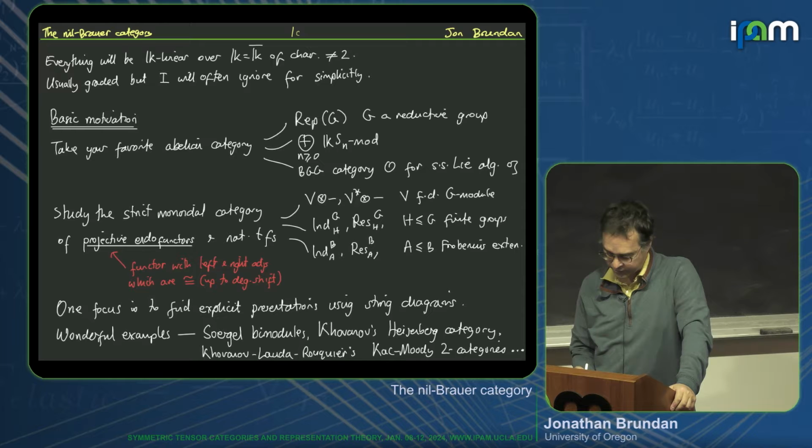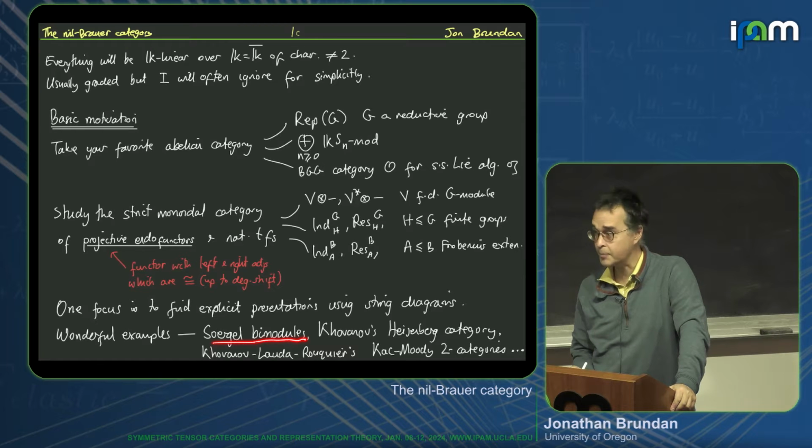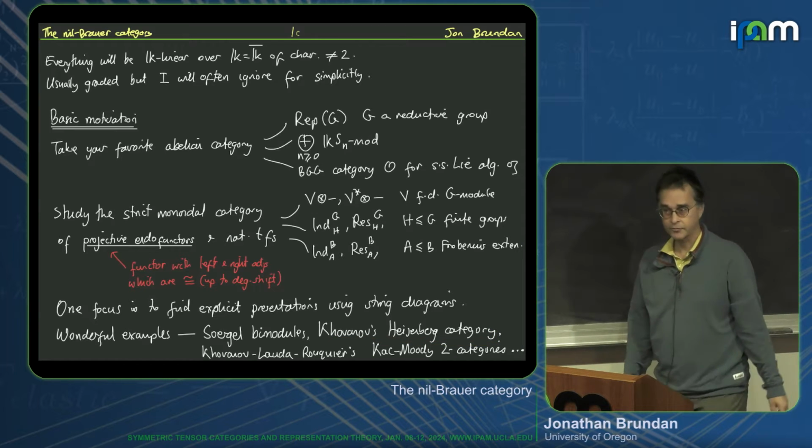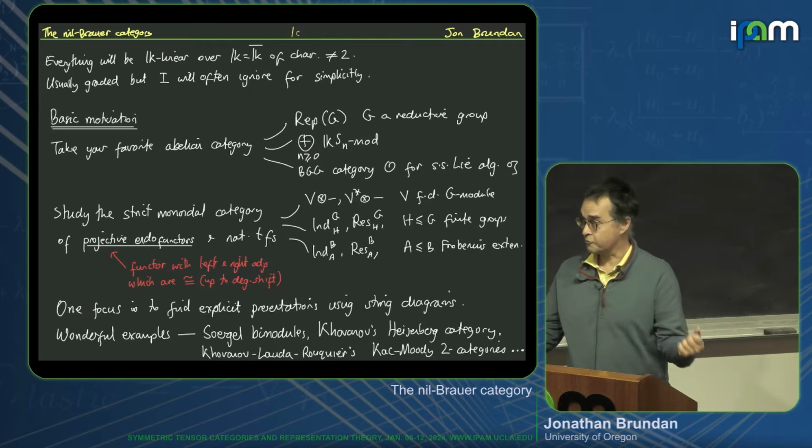Some of those wonderful examples are, for example, the category of Soergel bimodules. For me, I like as my first baby example Khovanov's Heisenberg category, which acts on representations of symmetric groups. The Kac-Moody 2-categories of Khovanov, Lauda, and Rouquier are another of my favorites.